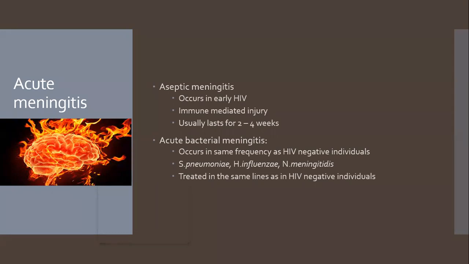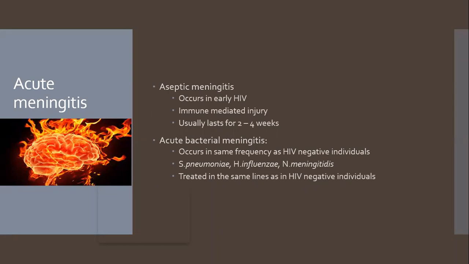Apart from that, we have the actual acute bacterial meningitis. Remember, in the general population also, it is commonly caused by these 3 organisms only: Streptococcus pneumoniae, H. influenzae, and Neisseria meningitidis. So it is treated in the same way. Just remember the drugs for meningitis.